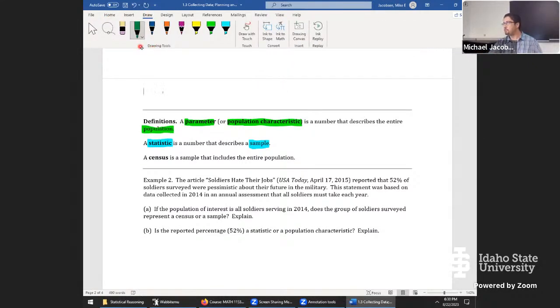We introduced the symbol mu when we were looking at the 1.2 notes. The mu was the average of all GPA of ISU students. That means it was a population average. So mu, which is going to be the mean of a population, is a parameter.